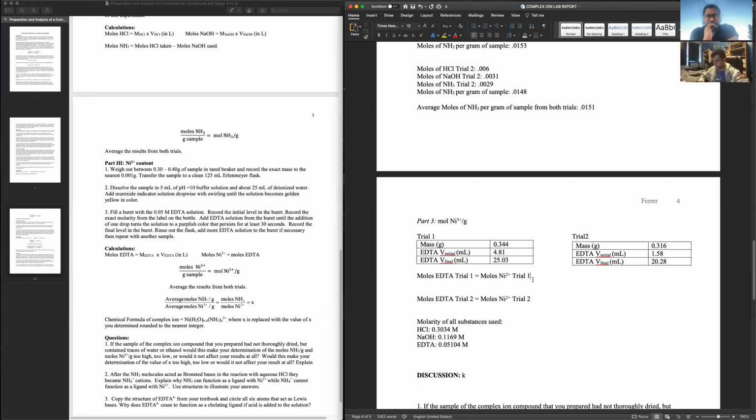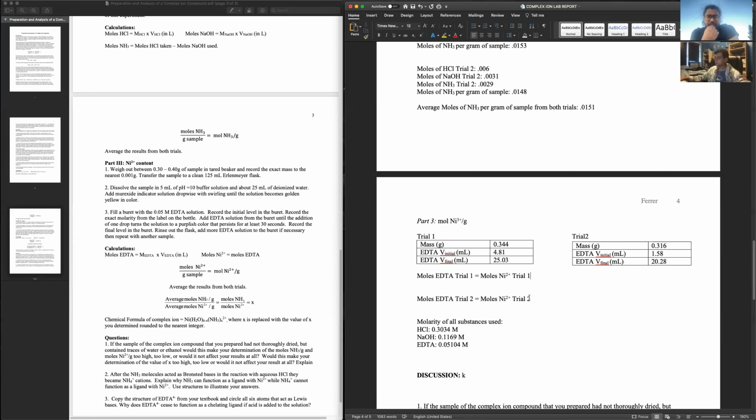Okay. So the B final minus initial, so I get 20.22. Divide by 1,000, 0.02022, and then multiply it by the molarity of EDTA, which is 0.05104. 0.001032.